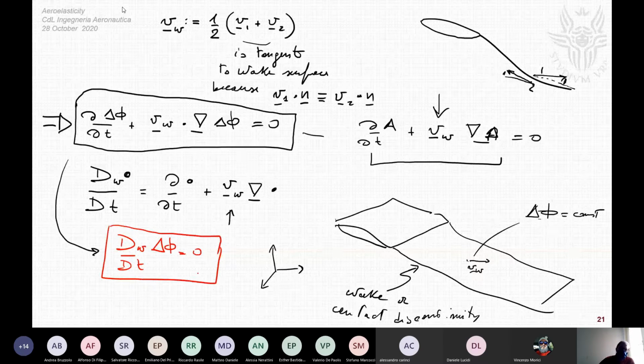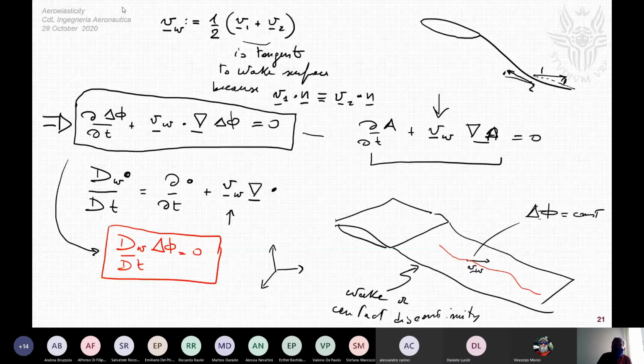So, as a conclusion, there is something conserved in our problem if you move on the wake with this velocity. This velocity is tangential to the wake, as we demonstrated. Imagine that this is the trajectory of this motion, and time by time, moving on this line, delta phi is constant, is preserved.